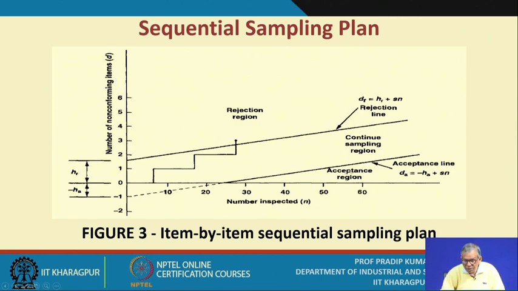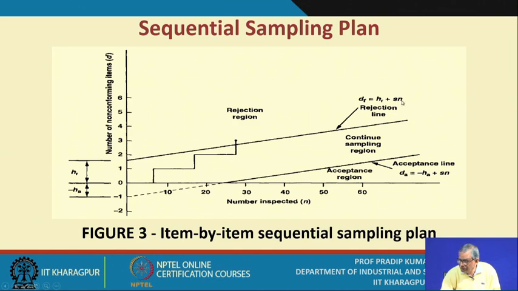So you have this acceptance line and the rejection line, and this is the acceptance region and this is the rejection region. You have this equation for the rejection line. This is your intercept, minus h_A, and this is the intercept for the rejection line, that is h_R. So these are the notations we used.